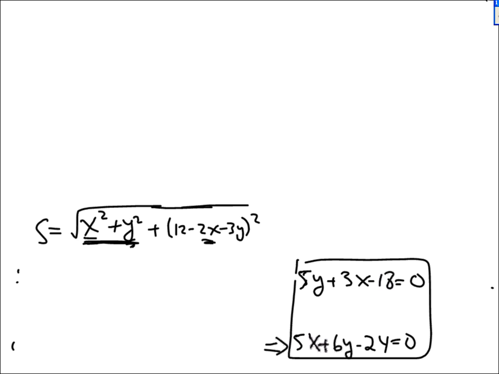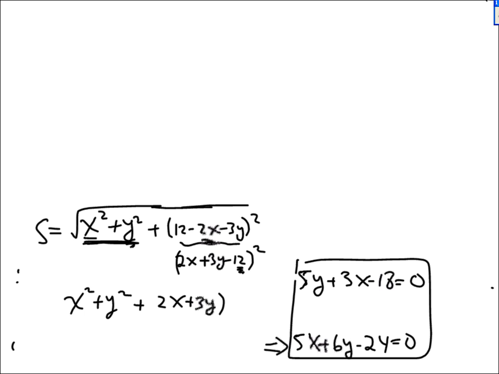Well, actually, you know what? This here is the same as positive 2x, positive 3y, take away 12, squared. You're just taking away 12. When x and y are really amazingly big, you can just think of ignoring the 12.